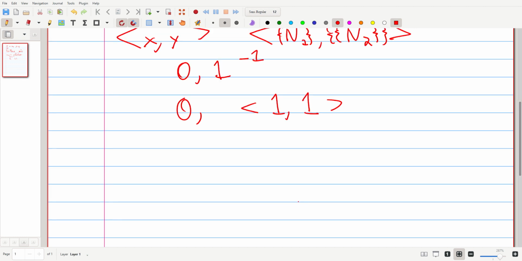If I were to express 1, then I could simply express it as, let's say, 2 and 1. Now, this integer is the same.